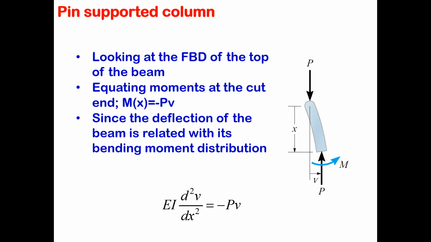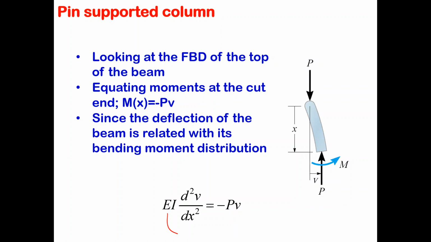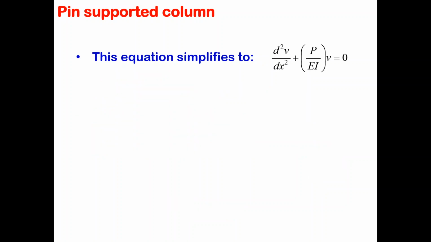So we can write this equation that we have seen many times in bending analysis: EI multiplied by the second derivative of the deflection with respect to X is equal to your moment, and your moment is negative P multiplied by V. We can rearrange this equation, moving the EI to the other side and everything to the left, to get this differential equation: d squared V over dx squared plus P over EI multiplied by V equals 0.